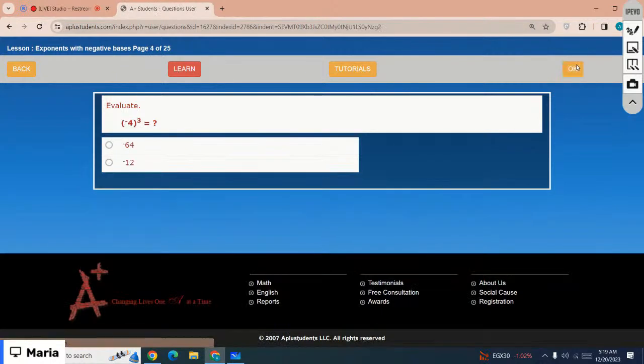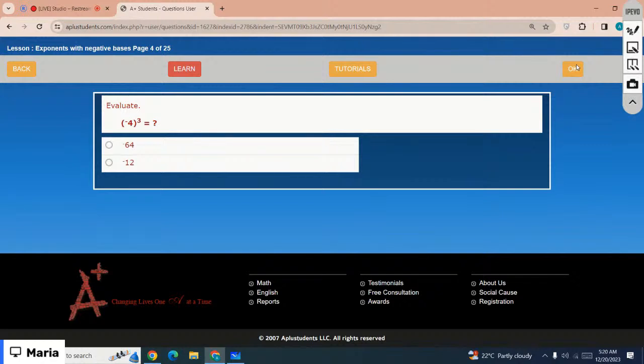Okay, for the next one, you have to do it on your notebook and let me know the answer. The next one is negative 4 cubed. So, which is the correct option? Yes, the exponent is an odd number.